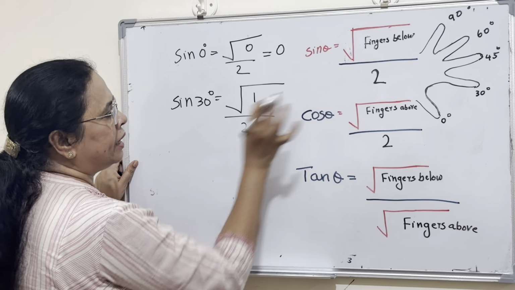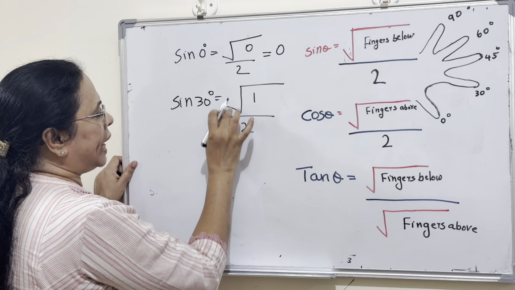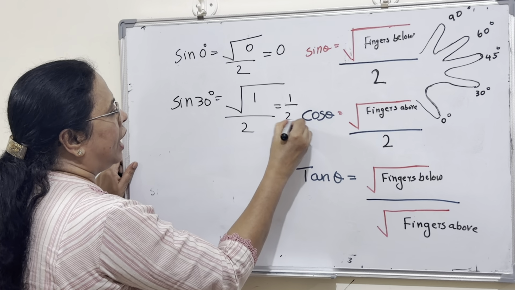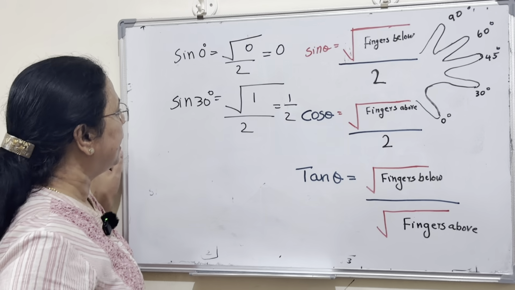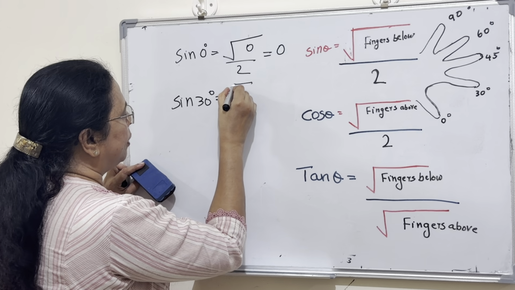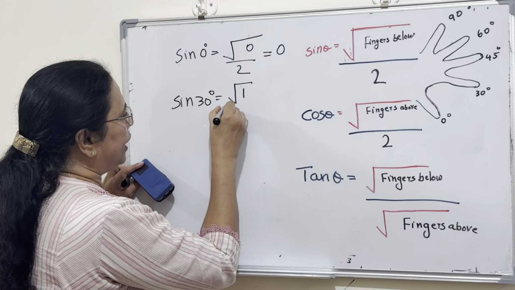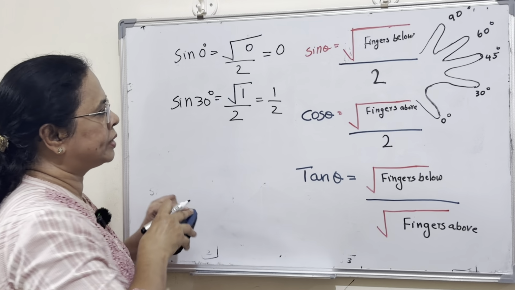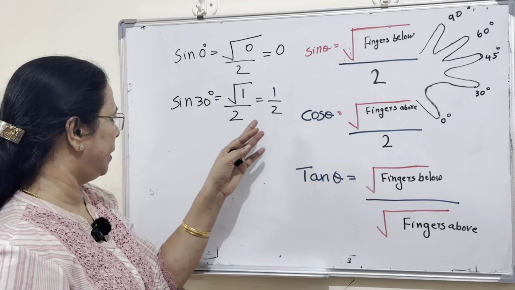Root 1 is 1 itself. I got half. So sine 30 degree I got 1 by 2.